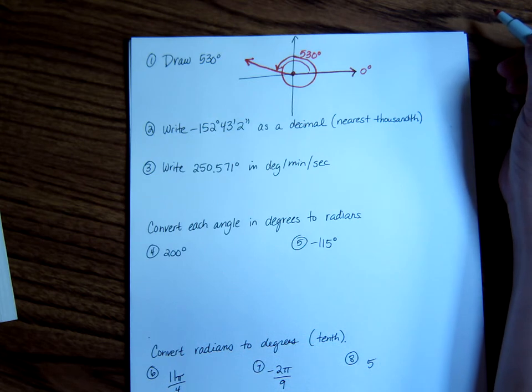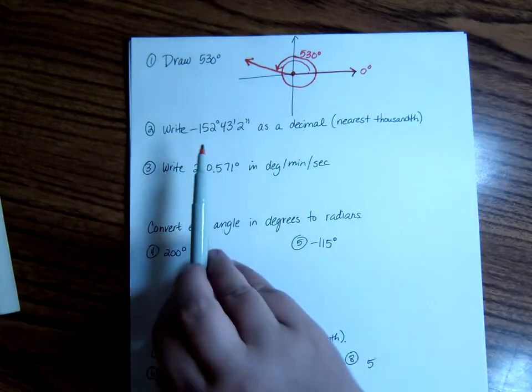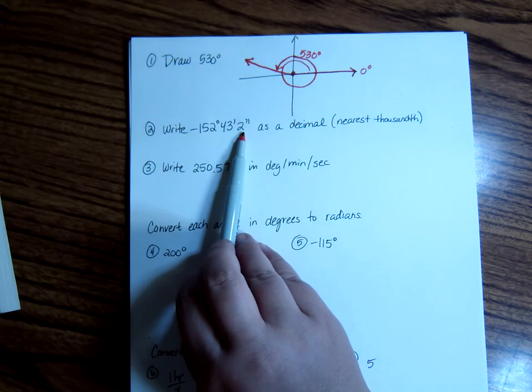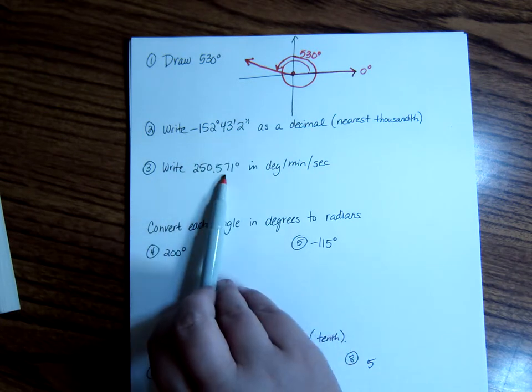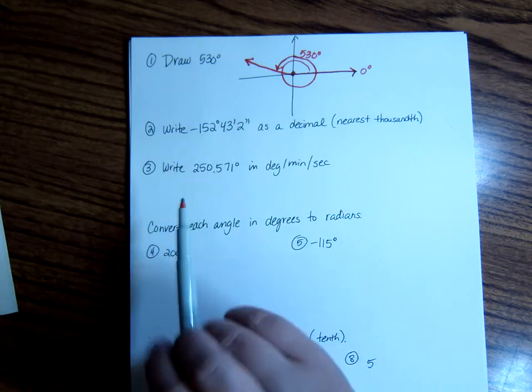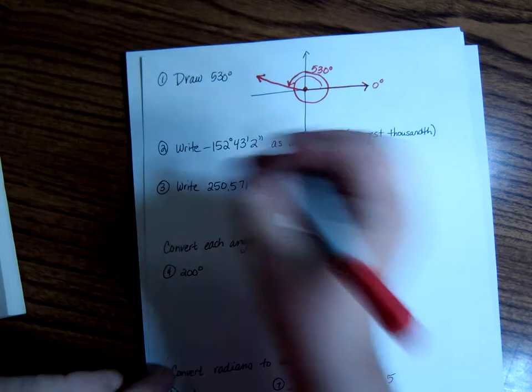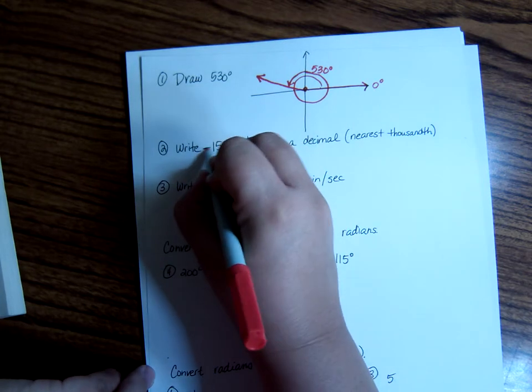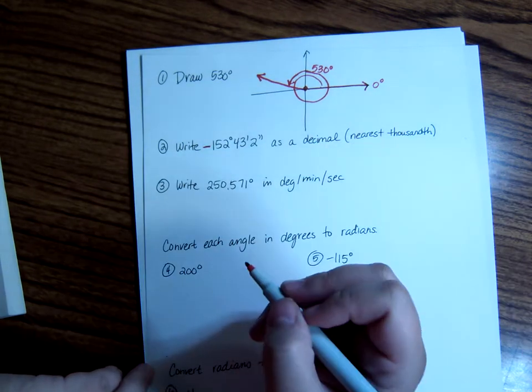Okay, now the next two are going back and forth between degrees, minutes, seconds, and decimal form. Okay, so degrees, minutes, seconds. This is 100, and I'm going to leave the negative off for right now because I can just put that on at the end.